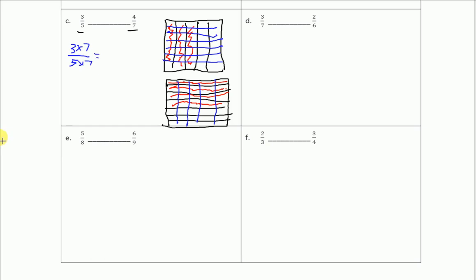So the top one is going to equal 21/35ths, because now we have 7 times 5. And you'll see the bottom one's also going to be 35ths, but we're going to start off with 4. And we're going to go 4 times, not by 7, but because we split that one 5 ways, we split that 5 ways. And then we're going to have 7 times 5. And so what we have here is 5 times 4 is 20/35ths.